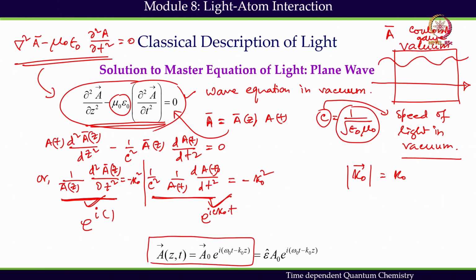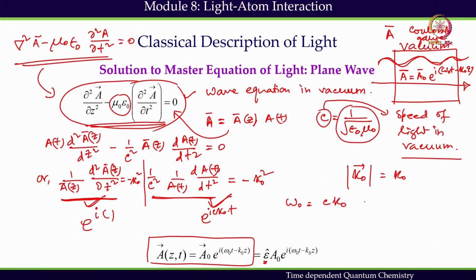So what we see is that due to propagation of light in the medium there is a potential which is created, that is the vector potential, and the nature of the vector potential is nothing but a plane wave, which is represented by e to the power i omega naught t minus k naught z, where omega naught equals c k naught, and epsilon is the polarization direction.